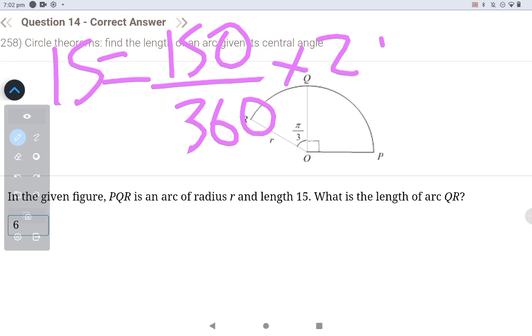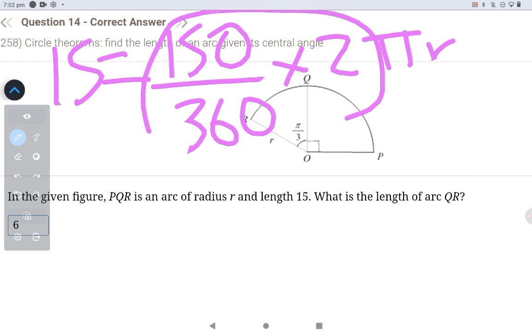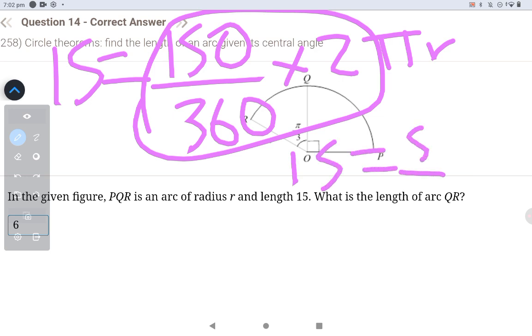First, do 150 over 360 multiplied by 2 on the calculator, which should give you 5 over 6. So 15 is equal to 5 over 6 pi r.